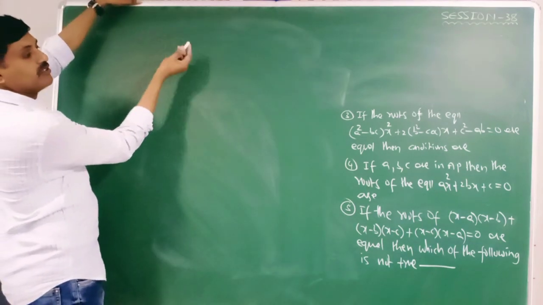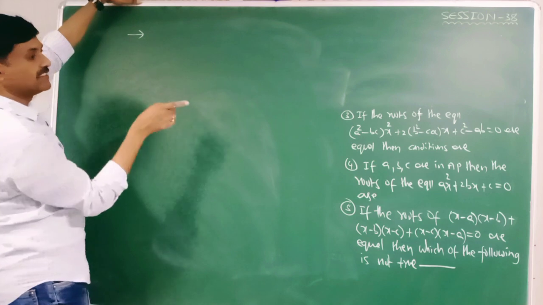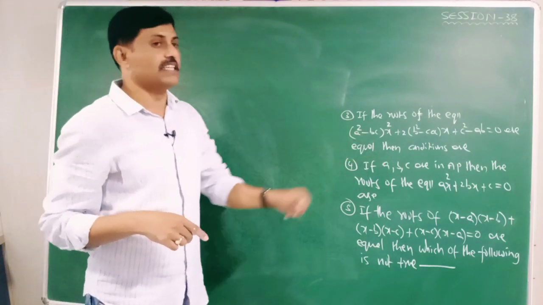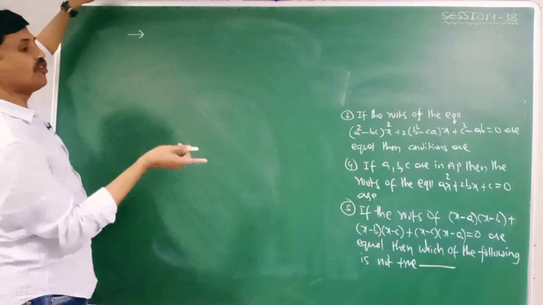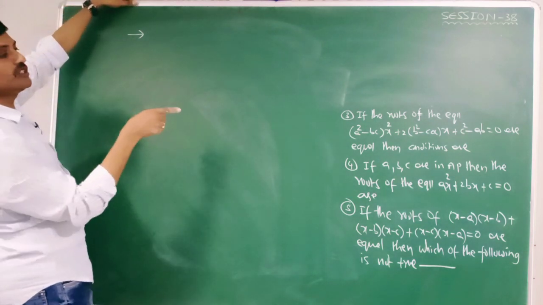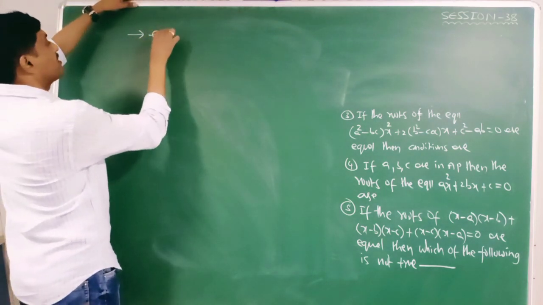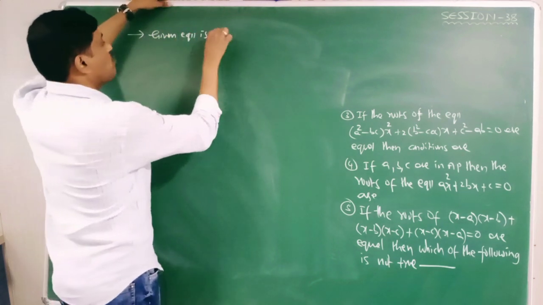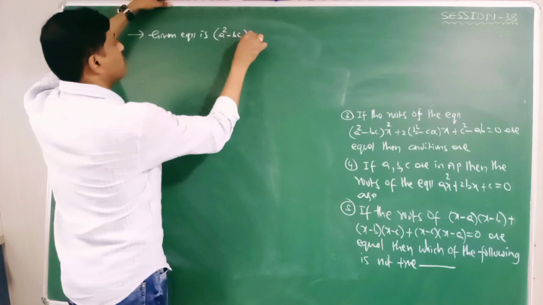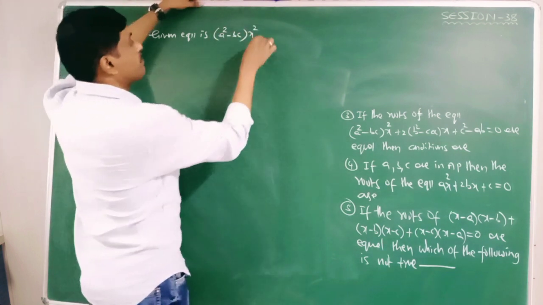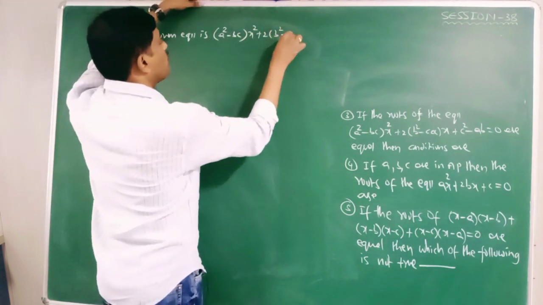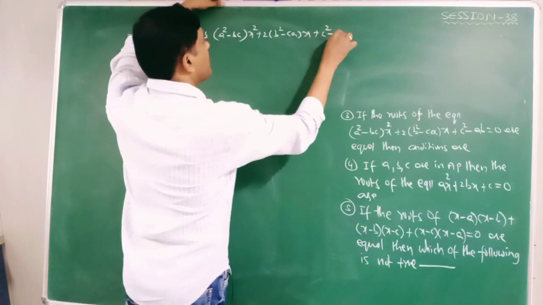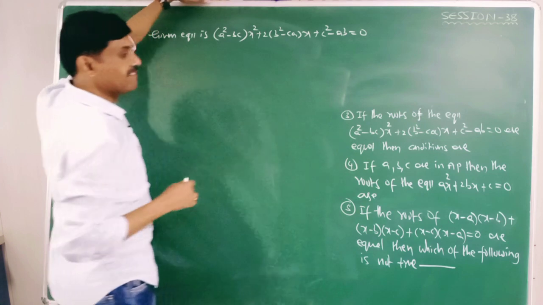Students, move on to the next question, which is the third. If the roots of the equation are equal, then what is the condition? The given equation is (a² − bc)x² + 2(b² − ca)x + (c² − ab) = 0.